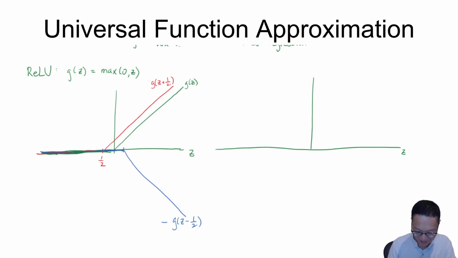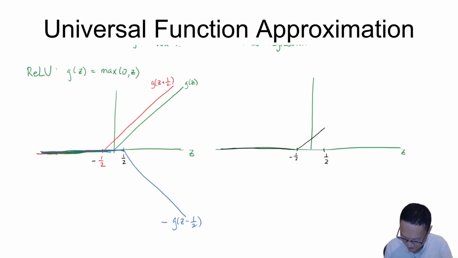If we take red minus blue, on the left here, before minus 1/2, and then this is 1/2, on the left we have 0 minus 0, so that gives us 0. In the middle region, between minus 1/2 and 1/2, we have the red, which is a 45-degree line, subtract 0. So that's going to give us a 45-degree line.